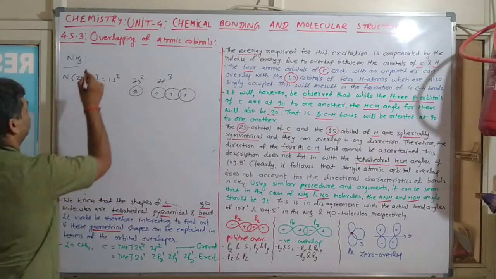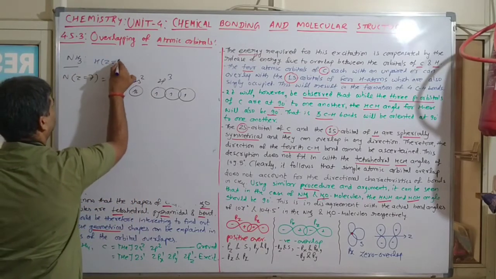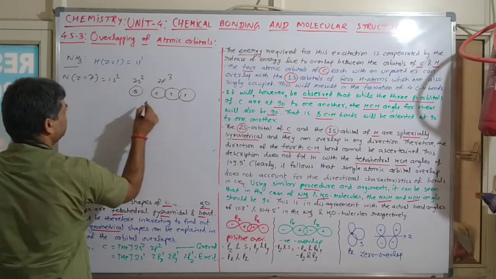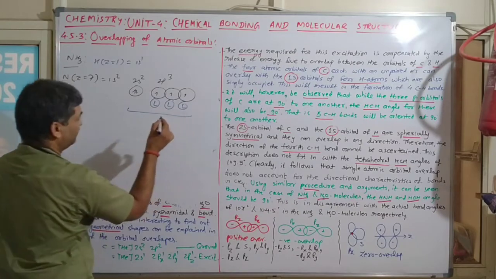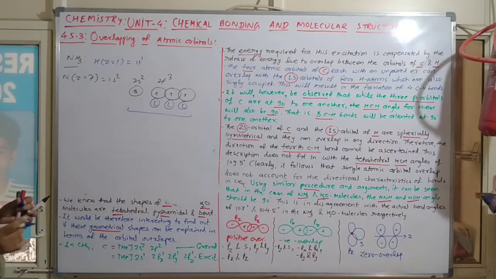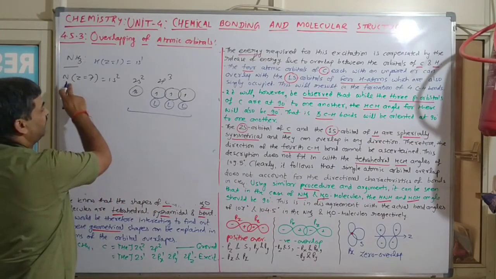Similarly हाइड्रोजन Z is 1, तो 1s1. क्लियर? यहाँ पे कौन कौन सा 4 ऑर्बिटल, तो 2s 4 ऑर्बिटल ऑफ नाइट्रोजन.